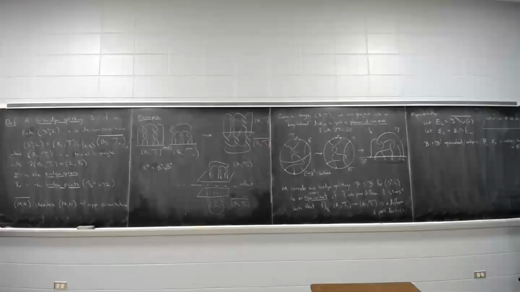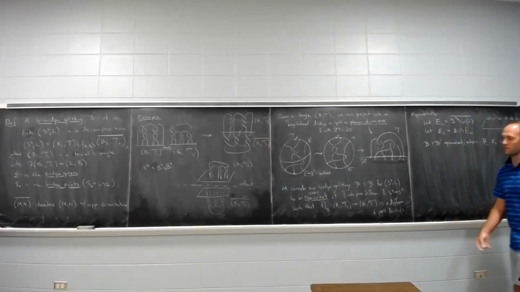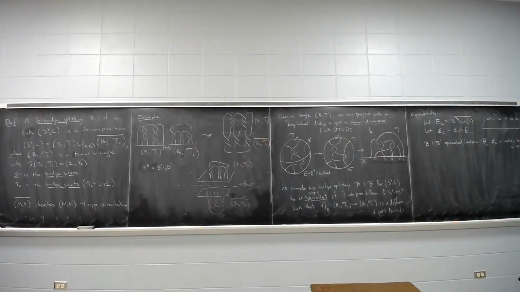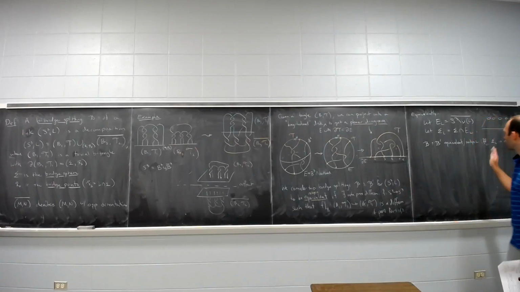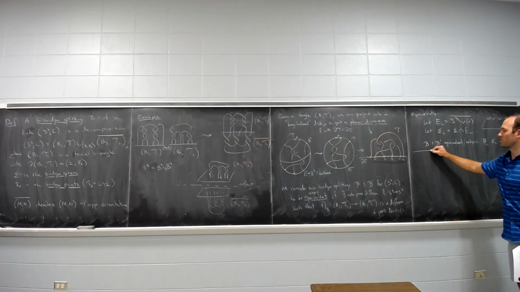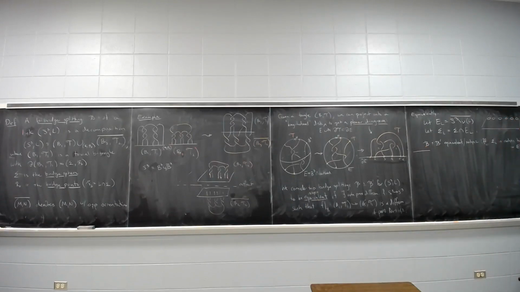Of course, there's this issue of the difference between considering these types of objects up to isotopy versus up to diffeomorphism. But because we're working in a fixed copy of S3 here, probably the right notion is isotopy. We'll talk more about that later. Okay, any questions?